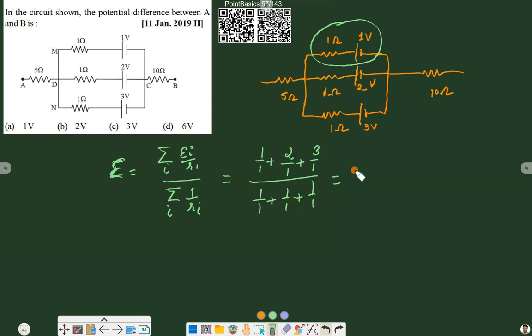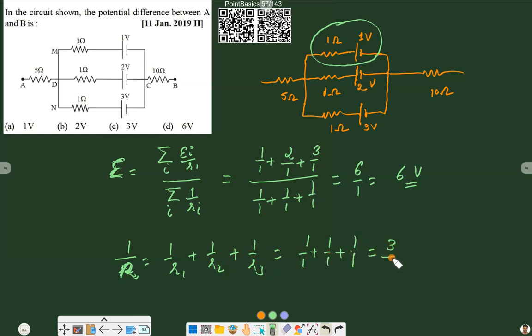So this will give us 6 by 3, or combined EMF will be 2 volts, and combined resistance will be, because all of these 3 resistances are in parallel, 1 by R total is equal to 1 by R1 plus 1 by R2 plus 1 by R3. As all of these are 1, so 1 by 1, 1 by 1, 1 by 1. So this comes out to be 3 by 1, and combined resistance comes out to be 1 by 3.